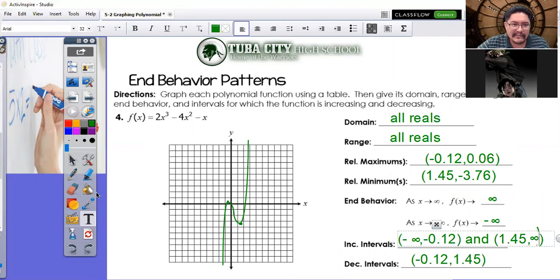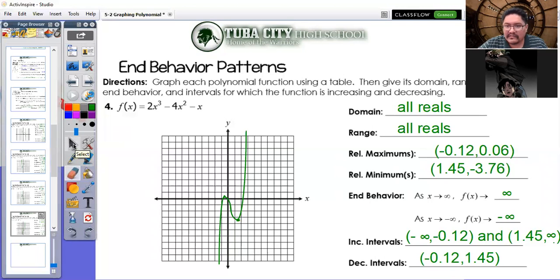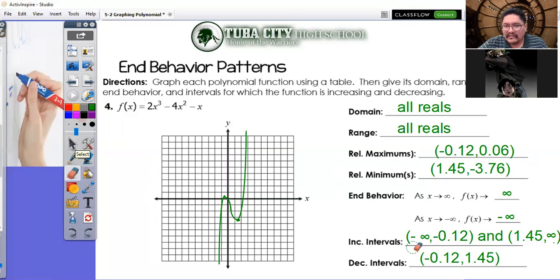All right, and that's just about the end of the class, actually. Barely made it. Anyway, there we go. So that's the last of them. Make sure you got all this down, and again, get your graph as close as you can.